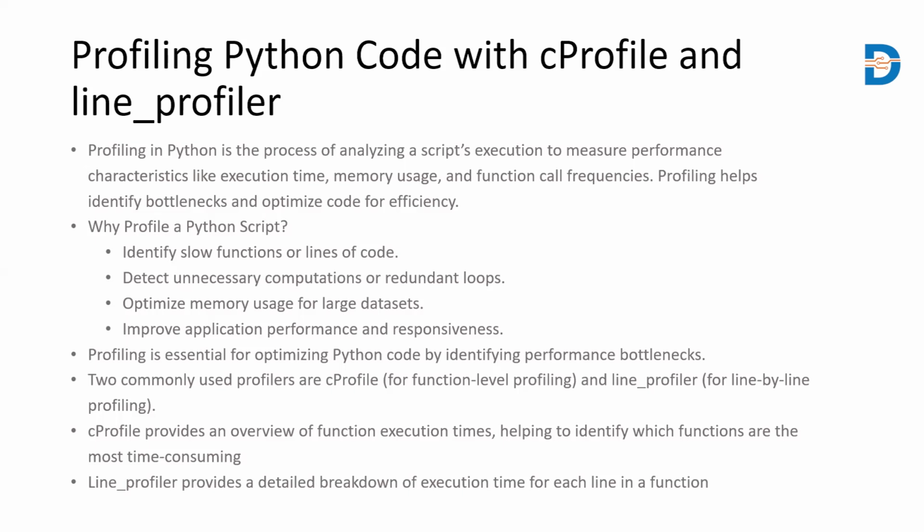Two commonly used profilers are cProfile, which is function level profiling, and line profiler for line by line profiling. cProfile provides an overview of function execution times, helping to identify which functions are most time consuming, while line profiler provides a detailed breakdown of execution time for each line in the function.